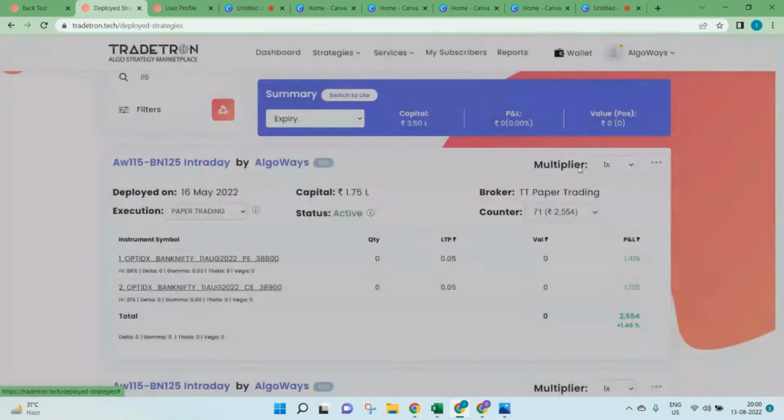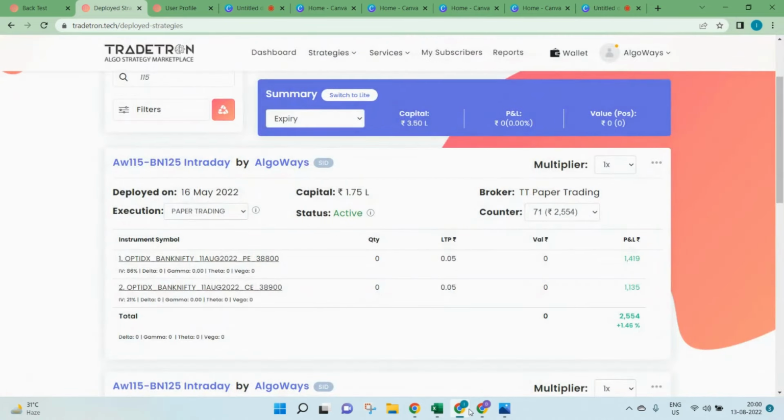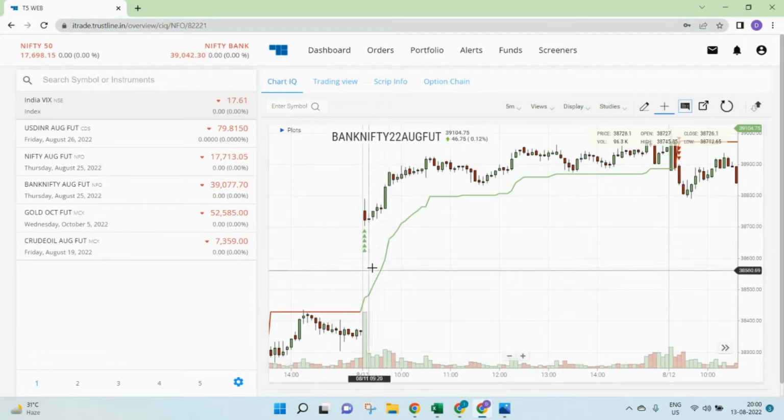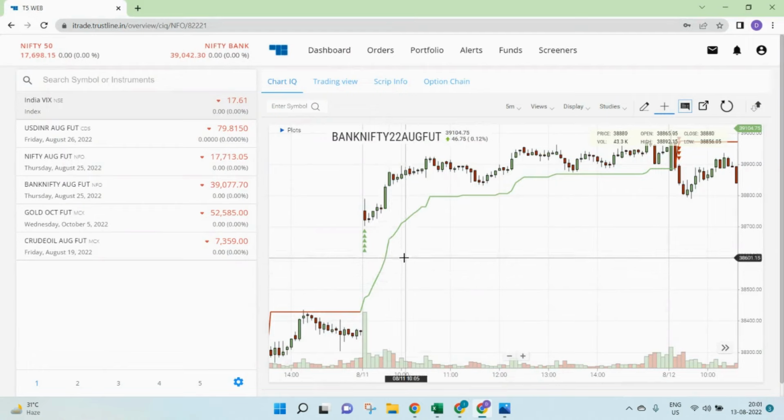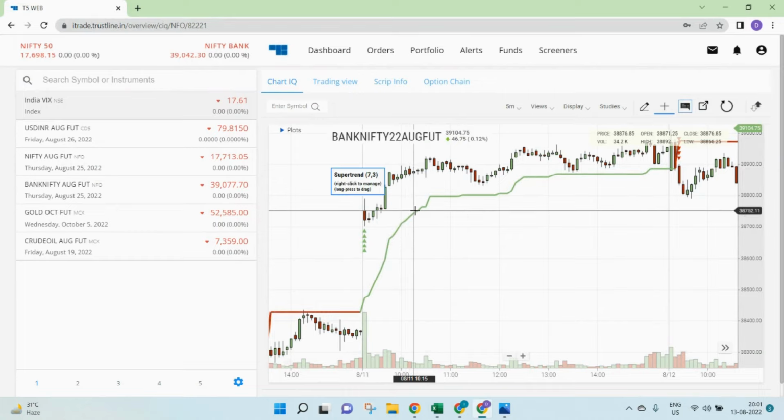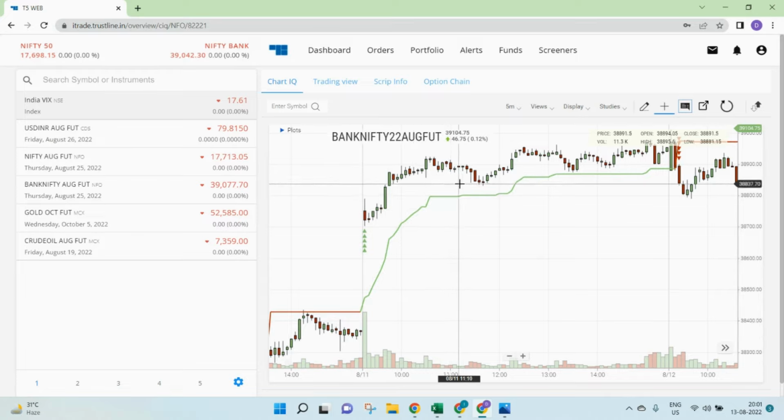So it sold here at 10:15. It waited for 1 hour to see the super trend and the price gap bridging to the limit which we have defined. Then it sold, and there was no further signal or reversal on that particular expiry day.